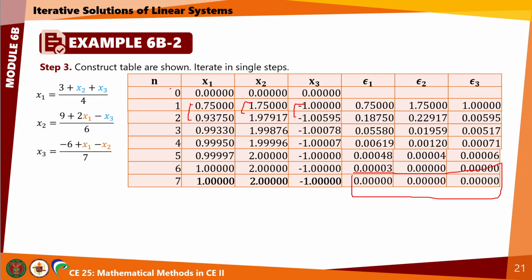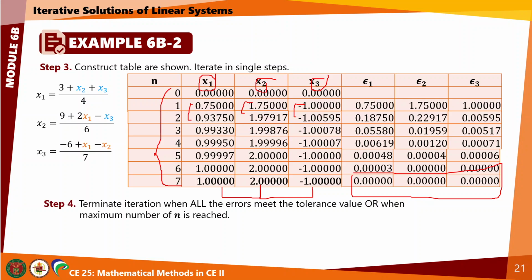This time, 7 iterations pa lang, medyo malapit na siya dun sa accurate or sa true or sa exact value ng ating variables x sub 1, x sub 2, and x sub 3, or in our solutions to the linear system. Okay, so yeah, halos same lang naman yung nakuha value, negative 1, 2, and negative 1 respectively.